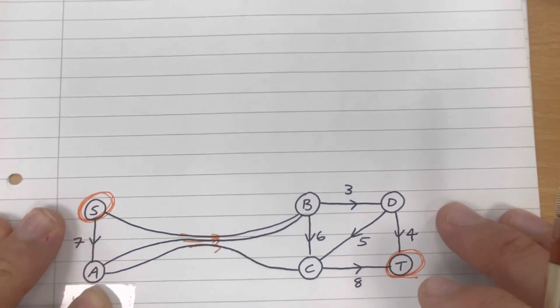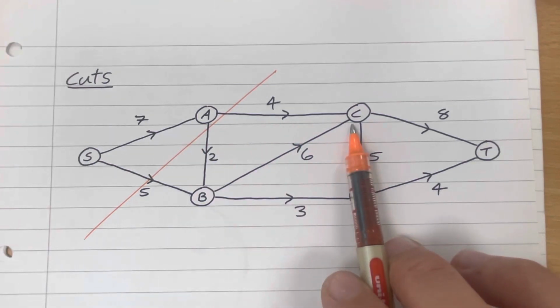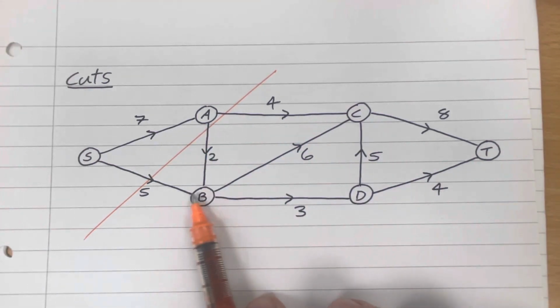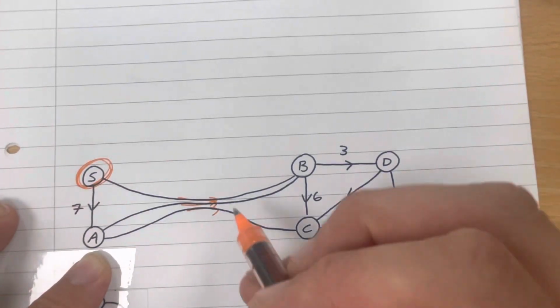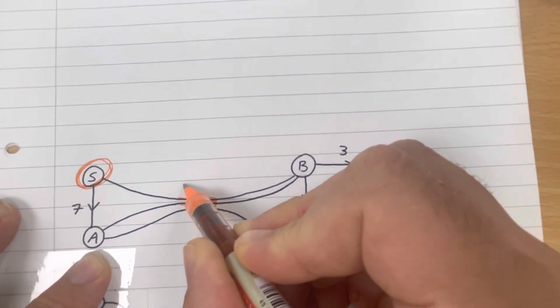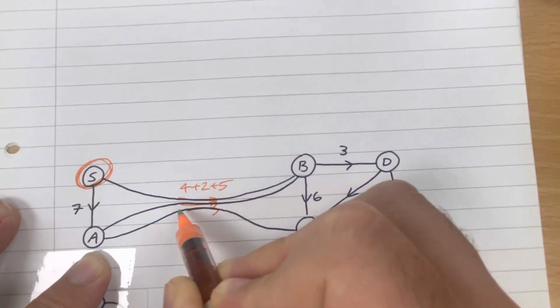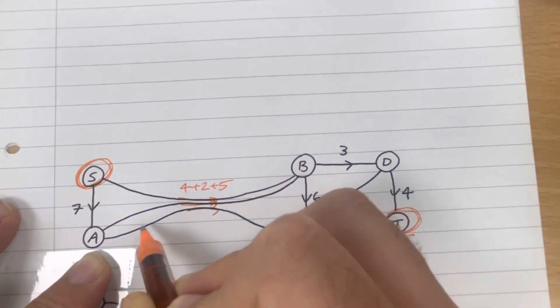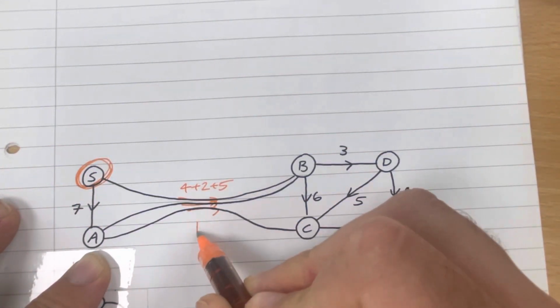So what is the capacity of these three pipes? Well, A to C was 4, A to B was 2, and S to B was 5. So we've got 4 plus 2 plus 5 here. The maximum amount of flow I can push through this section of the network is 11.